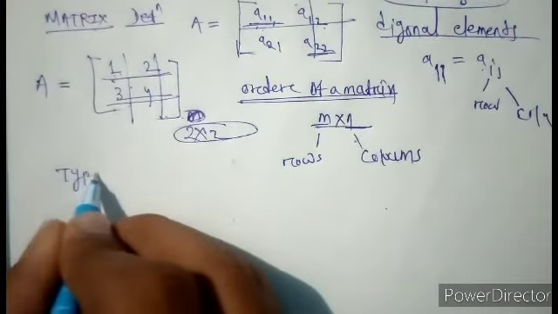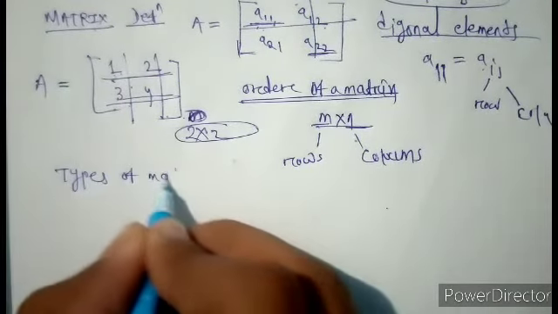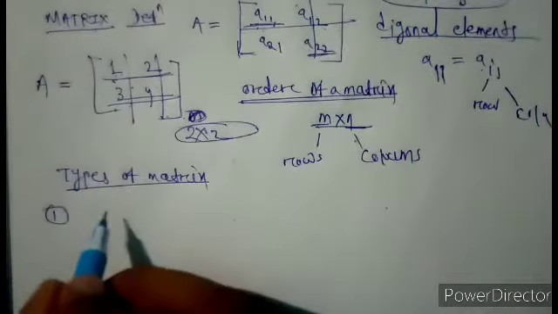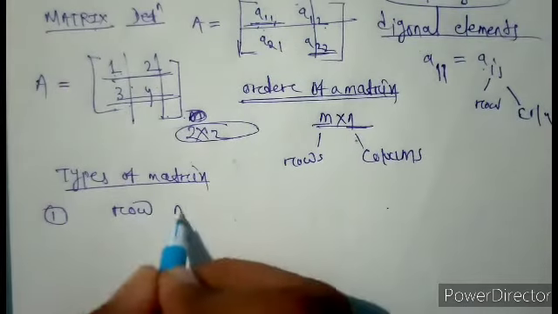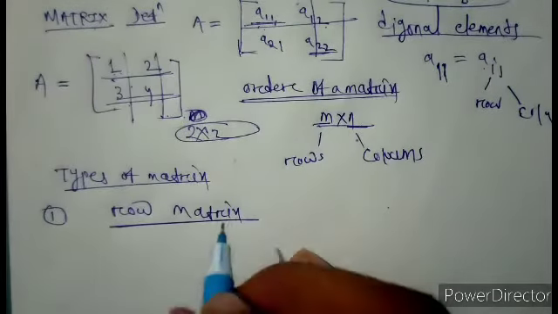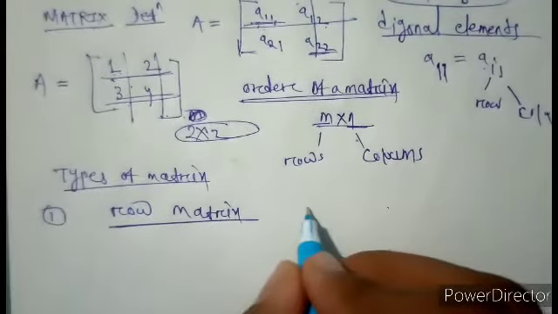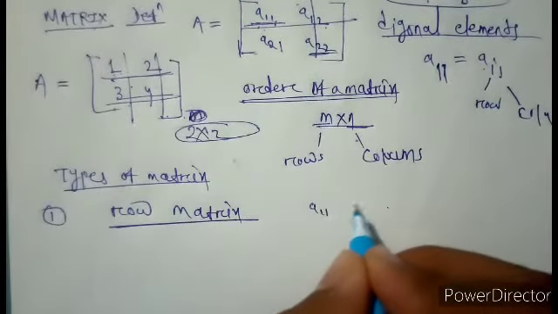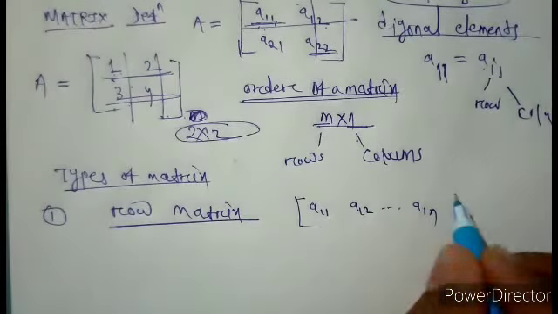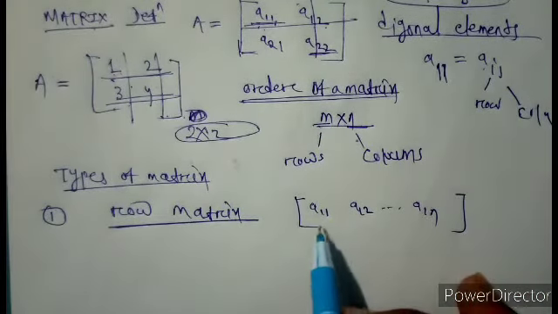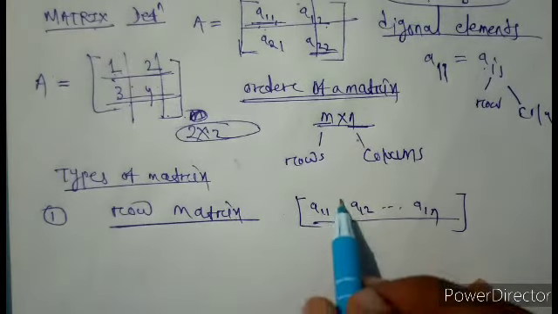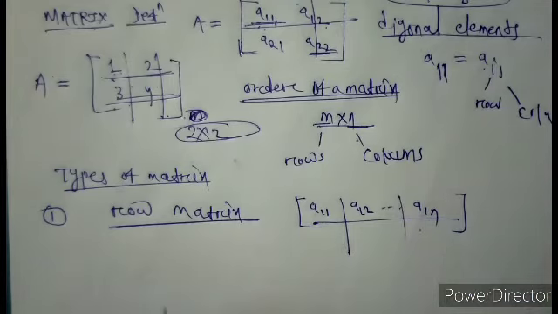Then come to types of matrix. First one is row matrix. What is called row matrix? If the terms are A11, A12 up to A1n, here one row but n number of columns are there.